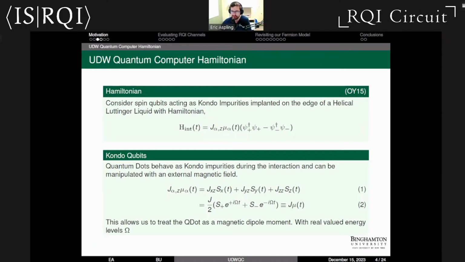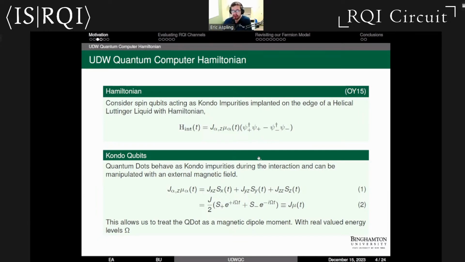And we can write down some sort of interaction Hamiltonian that links the Kondo impurity as a spin qubit. And that's just connected through some coupling J to some Dirac fermion current, right? With left and right movers given by the pluses and minuses.